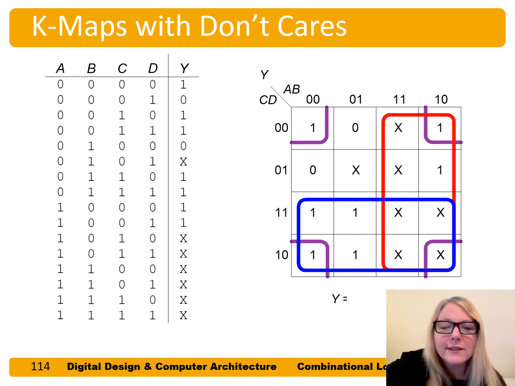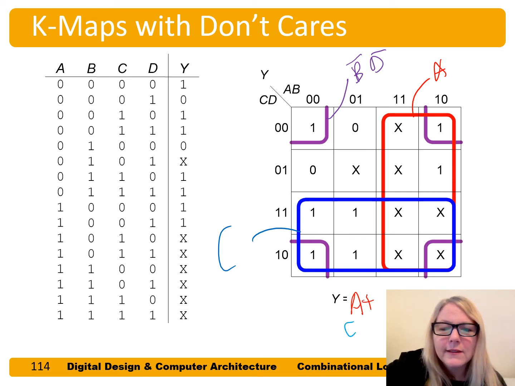And so we get our equation. This is our implicant that is A. This one is C, so only the true form of C is included. All forms of the variables A, B, and D are included. This is just A, and then we get B bar, D bar. So we have Y equals A or C or B bar D bar. We OR those implicants together.